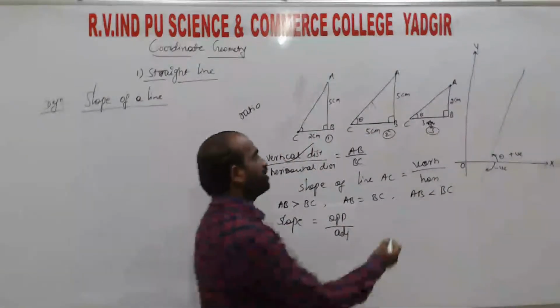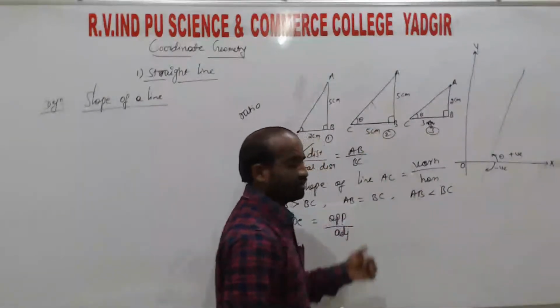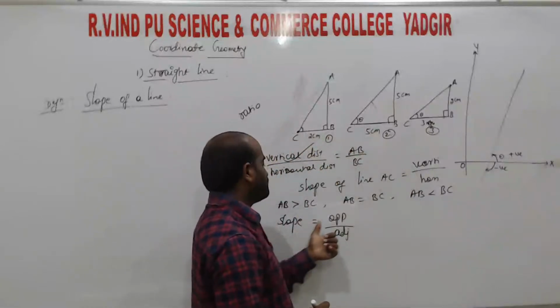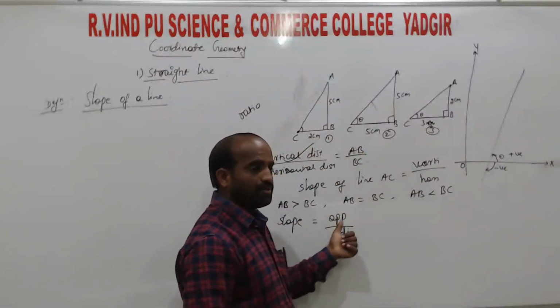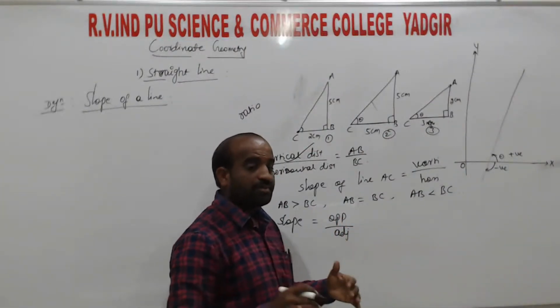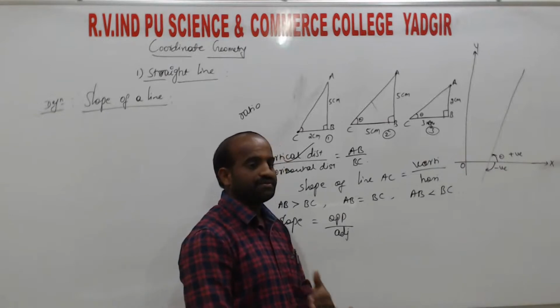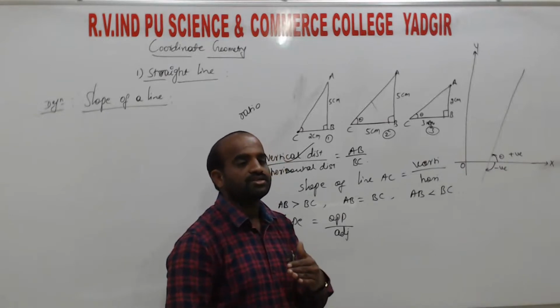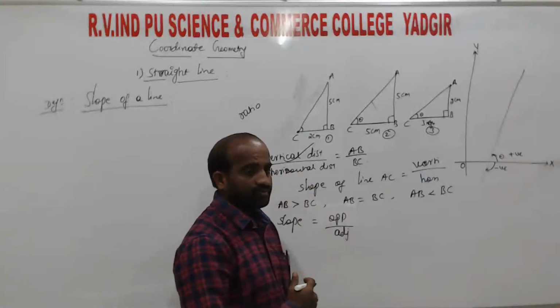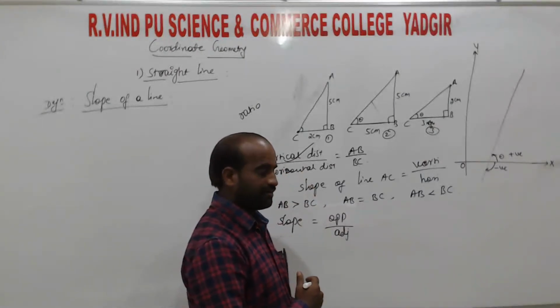Vertical means opposite, horizontal means adjacent, base. Slope is equal to opposite divided by adjacent. The ratio of the vertical distance to the horizontal distance is called slope of the line.